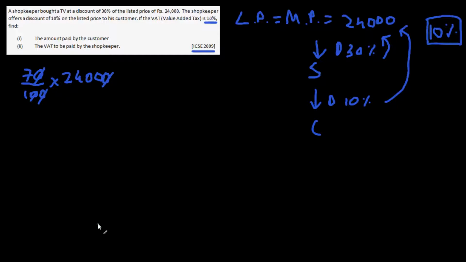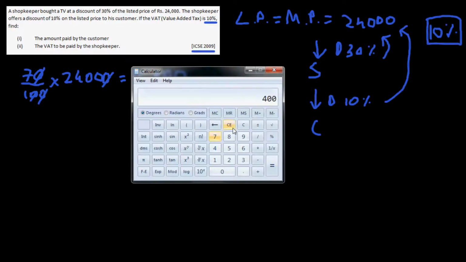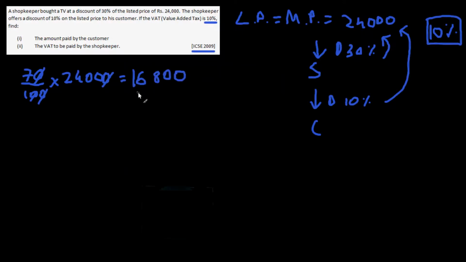So 7 into 2400, I think it's 168.00. I should probably double check. Yeah, 16,800. So this is how much the shopkeeper bought it for.